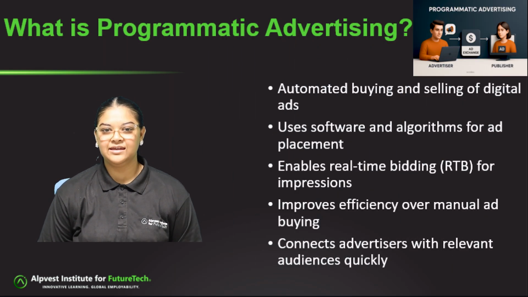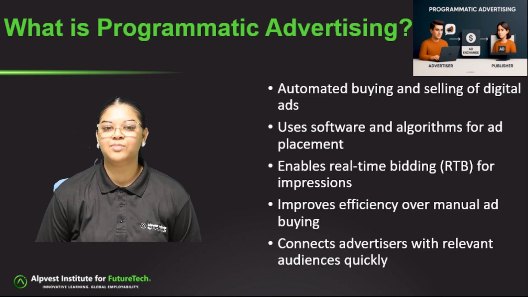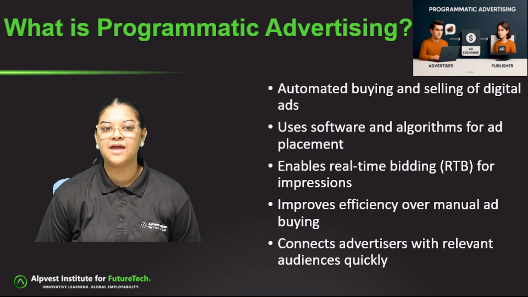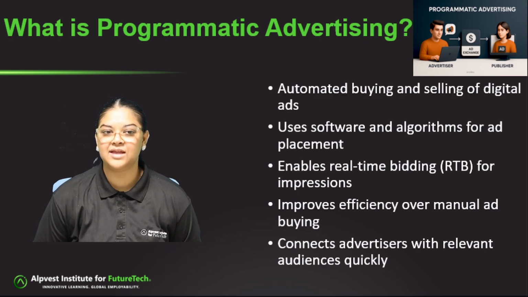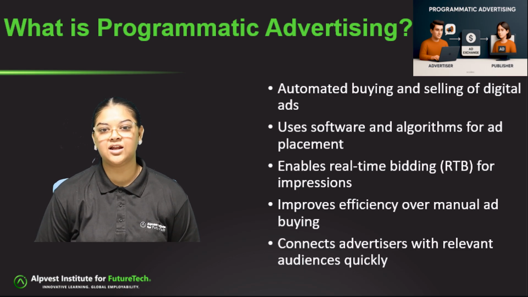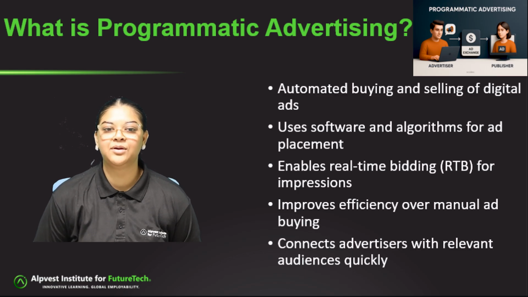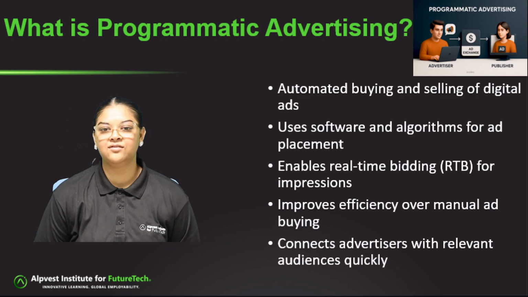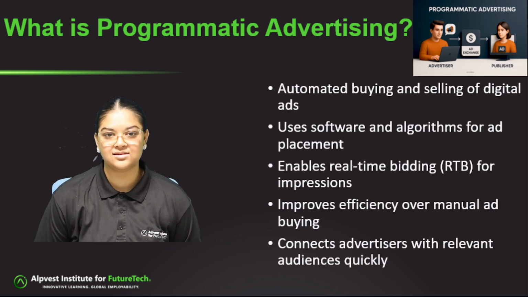Programmatic advertising is the automated buying and selling of digital advertising space using algorithm-based systems. Instead of manually selecting placements, advertisers use technology platforms that can bid for ad impressions in real time and serve ads to relevant users almost instantly.